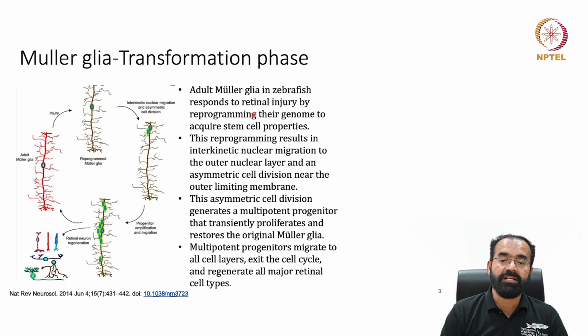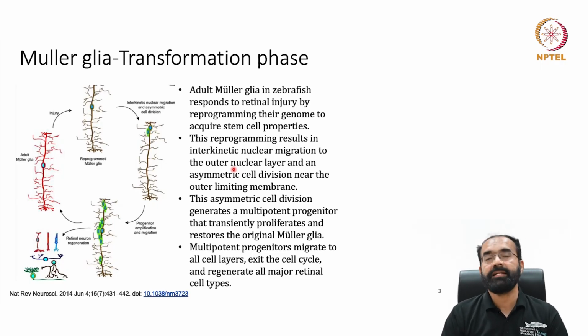So adult Muller glia in zebrafish respond to the retinal injury by reprogramming their genome, because all 6 pluripotency inducing factors are naturally induced in the Muller glia, which allows them to get into a pluripotent stem cell status, to acquire stem cell properties. This reprogramming results in the interkinetic nuclear migration to the outer nuclear layer, because the damage has happened in all layers, and the Muller glia cell body resides in the inner nuclear layer.